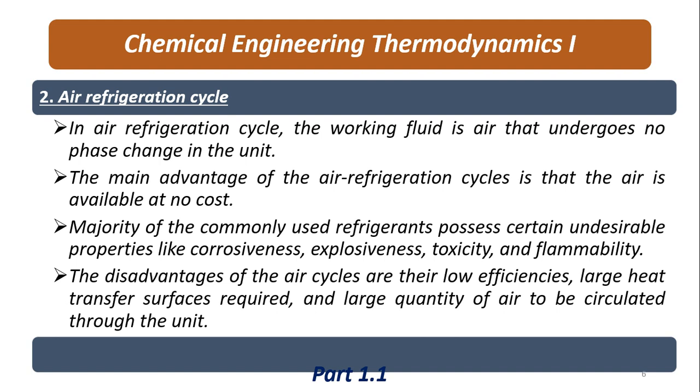It has a minimum coefficient of performance, or COP. It requires large heat transfer and a large quantity of air to be circulated. Due to all this, the air refrigeration cycle is beneficial, but it is disadvantageous, being low efficient.